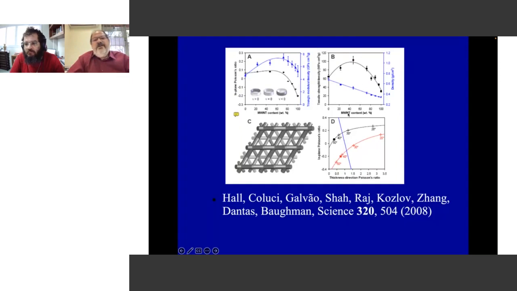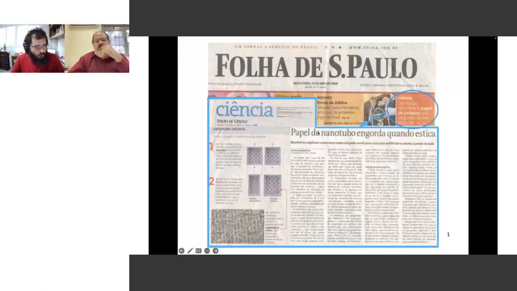See, it's amazing that a problem with such complex topology could be translated into a mechanical model, and this model has the right physics for this. The paper was published in Science and was highlighted on the front page of the Folha de São Paulo newspaper.